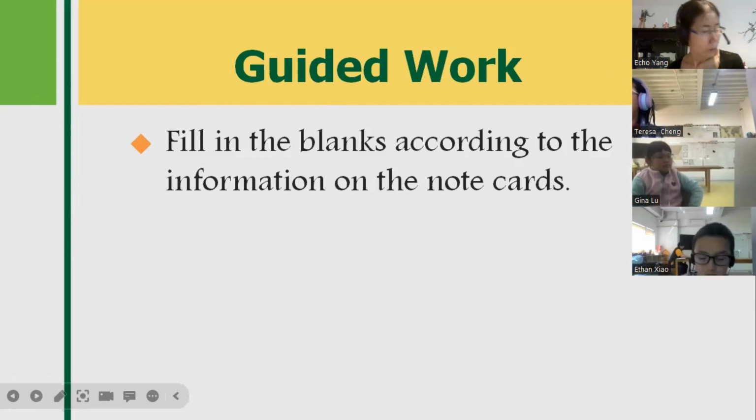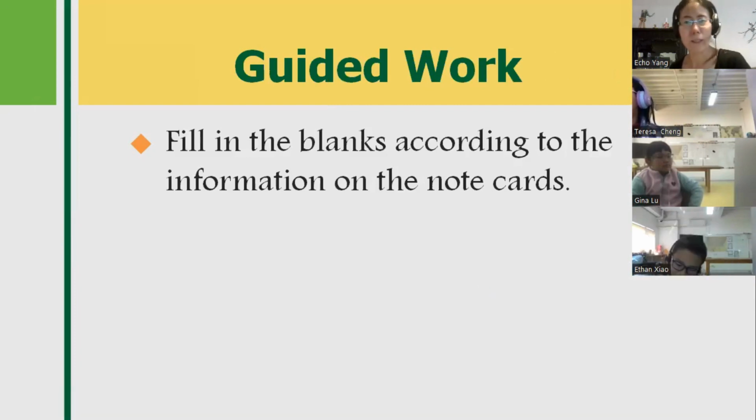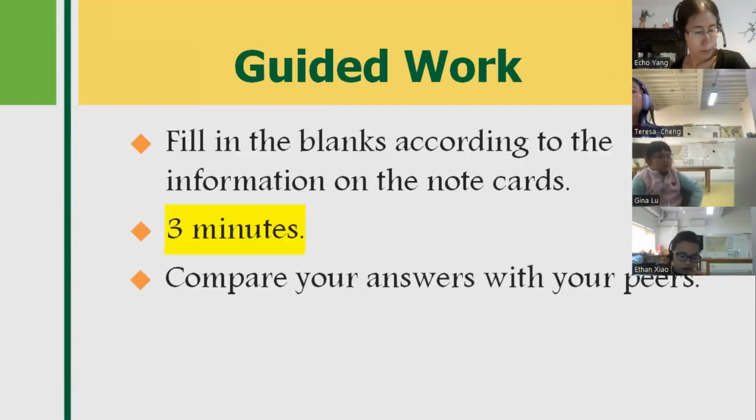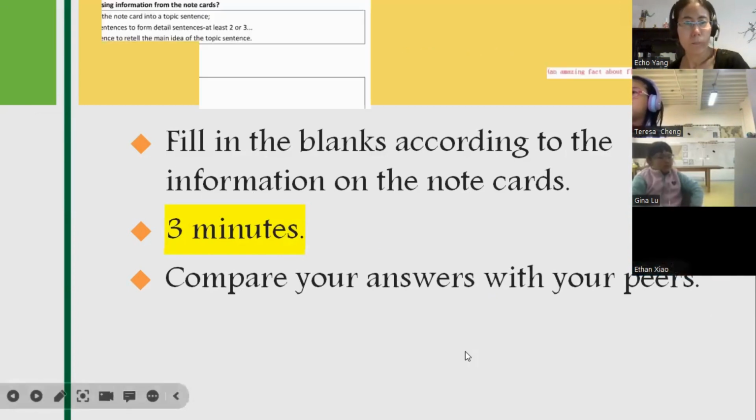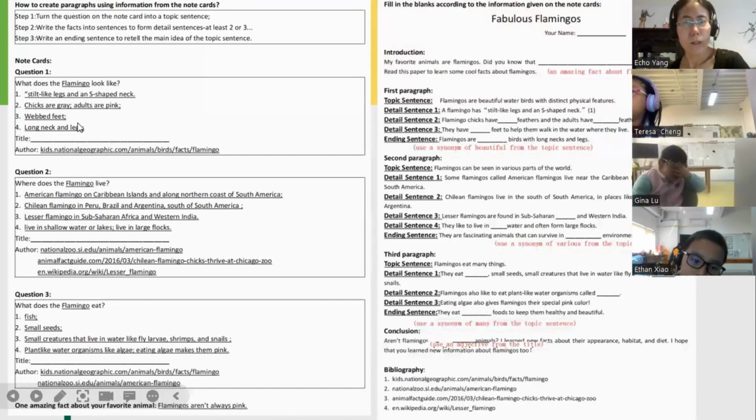And so we still have 3 minutes. I asked Miss Guy to type some worksheet pages for you. So you need to fill in the blanks according to the information on the note cards. You can finish them afterwards.